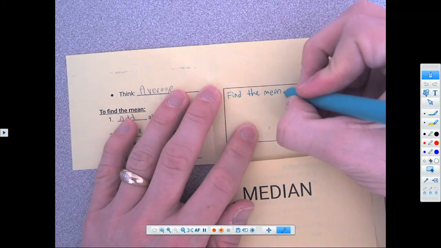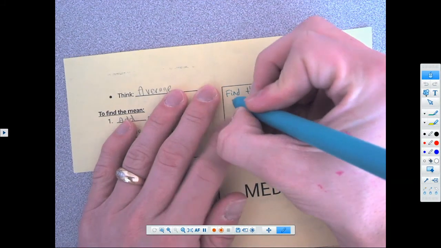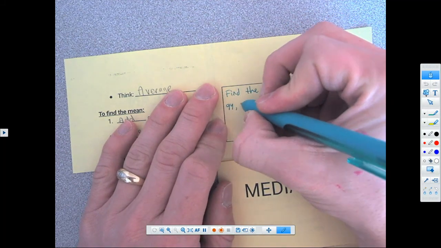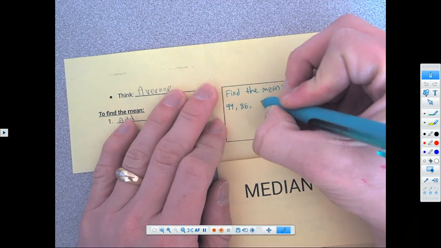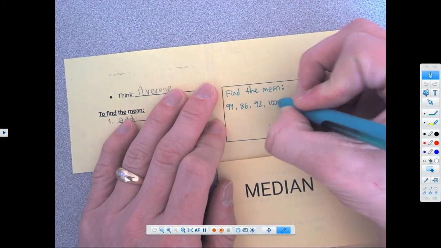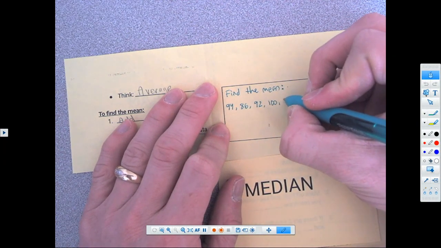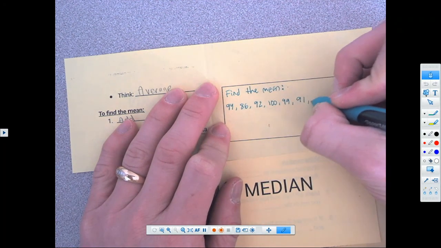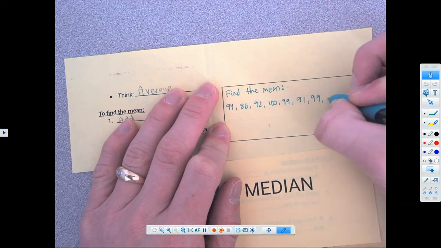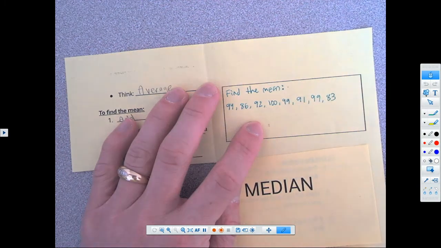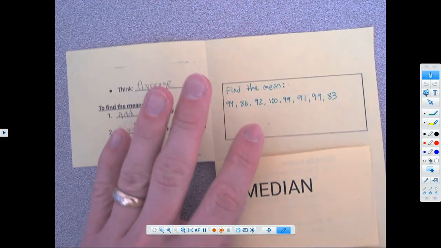So our test score values, let's call them 94, 86, 92, 100, very nice, 99, 91, 99, and 83. So those are the fake test scores that we're actually going to go with.